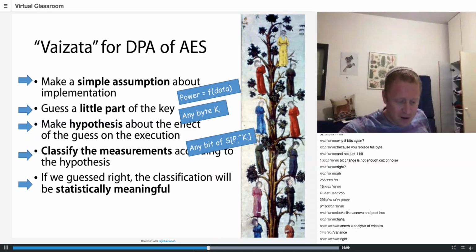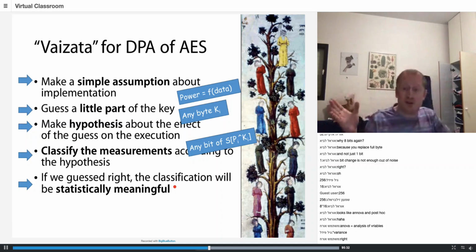But now there is a little complication, which comes from the fact that I'm doing a DPA attack and not a timing attack. What is missing here is the specification: it is statistically meaningful, but when? You have millions of points.